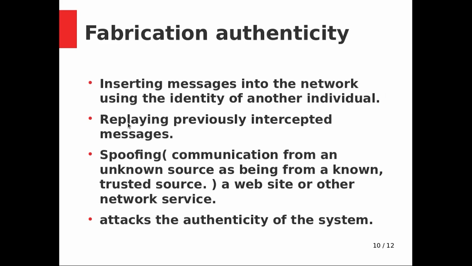Relaying a previously intercepted message, snooping, communicating from an unknown source while appearing to be a known trusted source, a website or other network service. This attacks the authenticity of the system, and authenticity means username and password, which are very, very important.